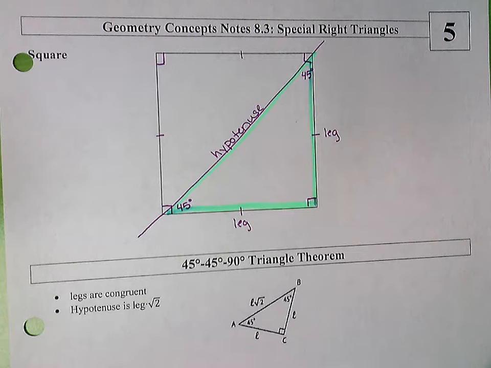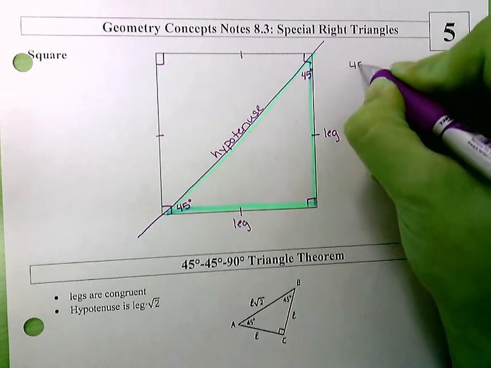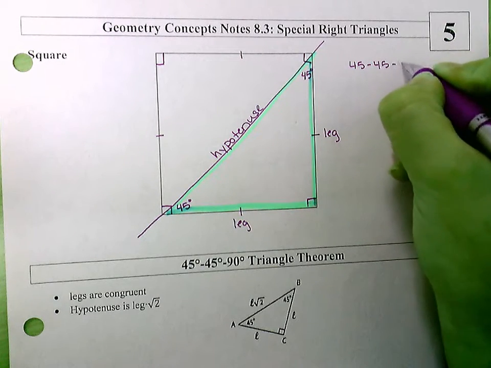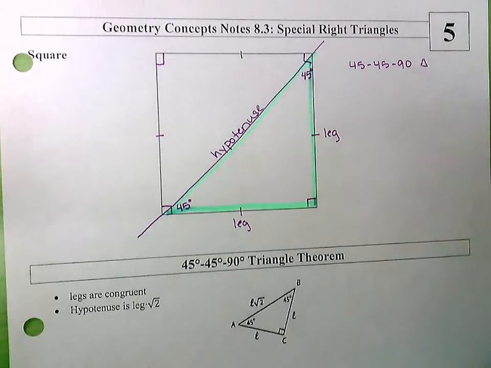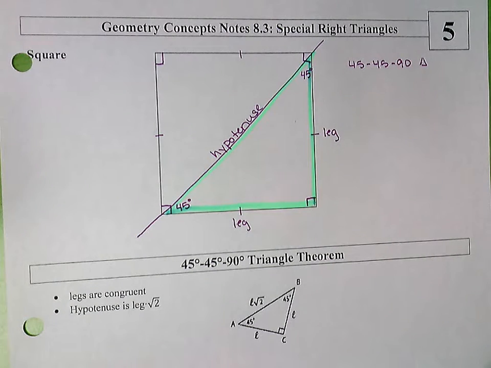So my special right triangle is going to be considered a 45, 45, 90 triangle. Okay, that is one of your special right triangles. And we're going to come up with rules to solve for the sides.